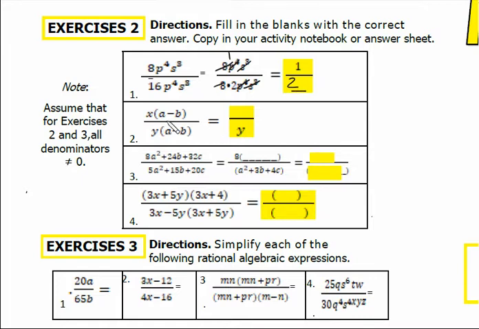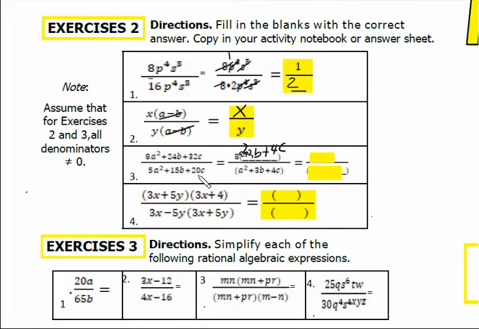Then in number 2, it's just AC. Cancel out a minus b, so it's x over y. How about number 3? There's a common factor 8. So what is left is a squared plus 3b plus 4c, right?